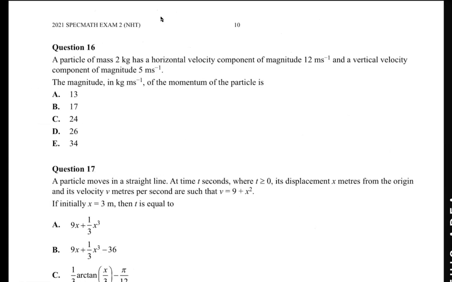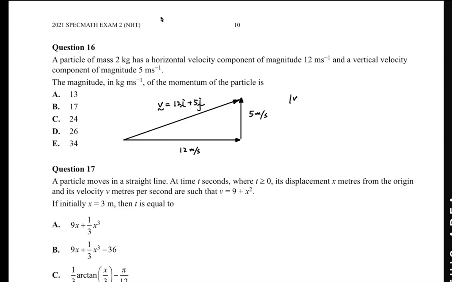Question 16. A particle of mass 2 kg has a horizontal velocity component of magnitude 12 meters per second and vertical velocity component 5 meters per second. Roughly that long. The magnitude of the momentum. So let's talk about the resultant velocity. The resultant velocity I would say is 12i plus 5j.